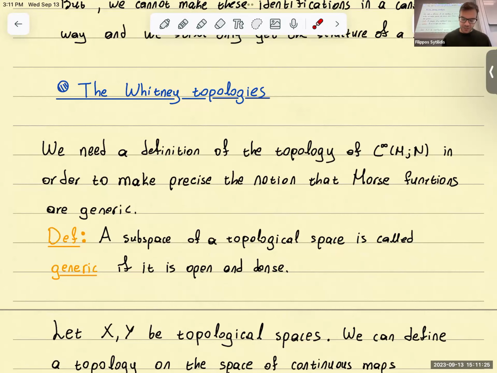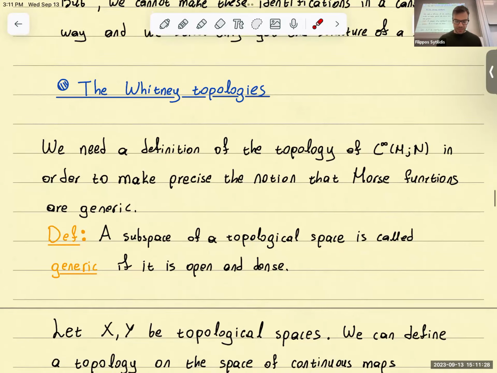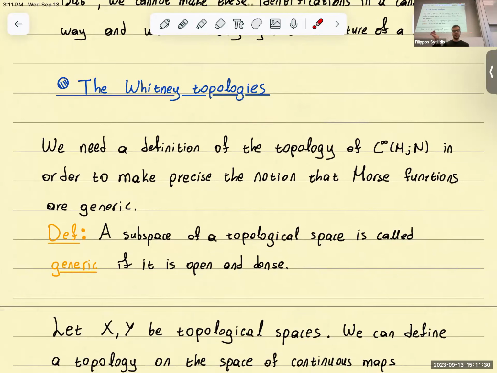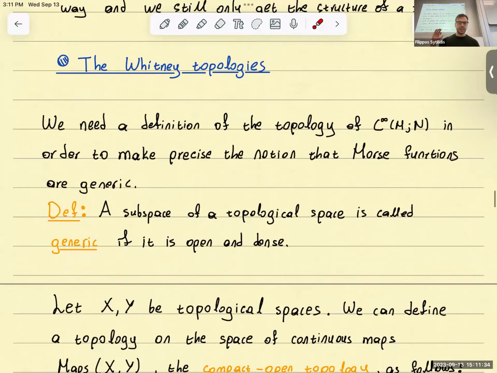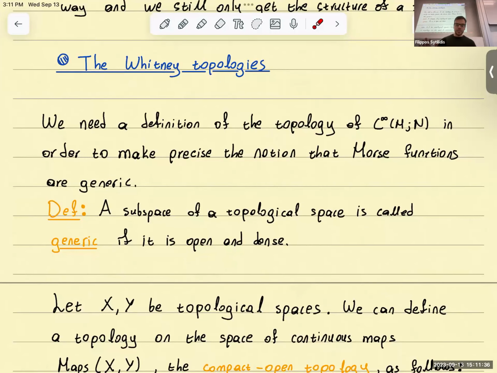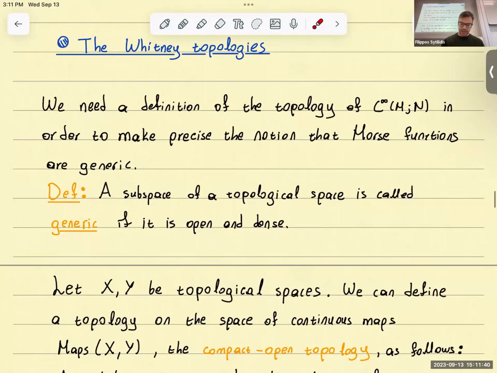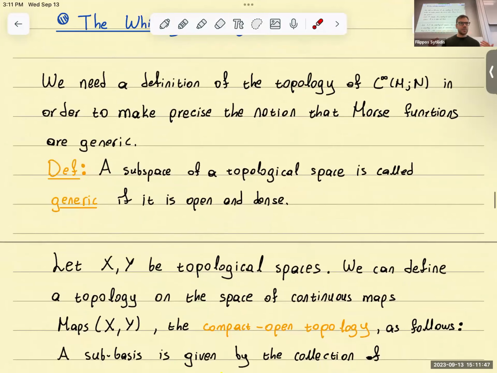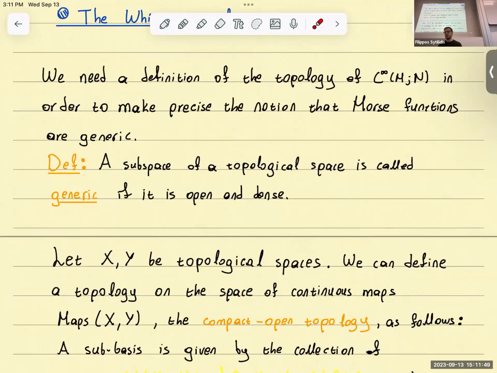Yeah. So I just want to take the time to define the Whitney topologies. Again, I won't be super precise, but we want to define a topology in this space of C-infinity functions from M to N, so that we make precise the notion that Morse functions are generic.